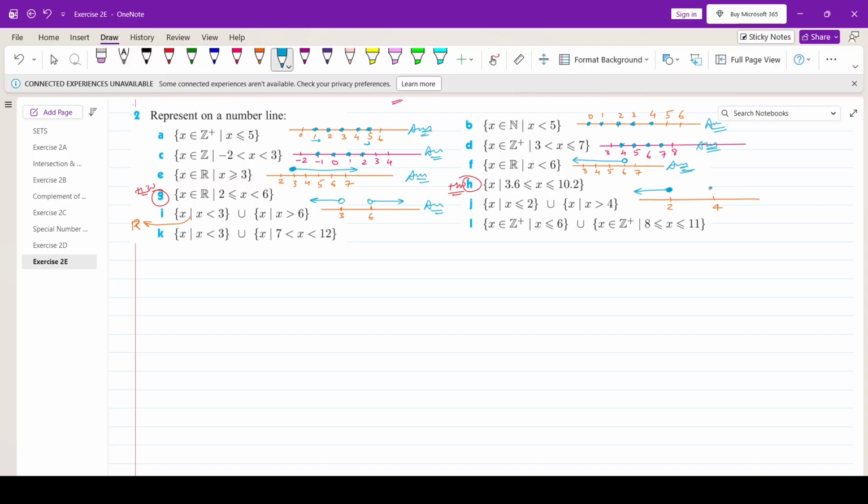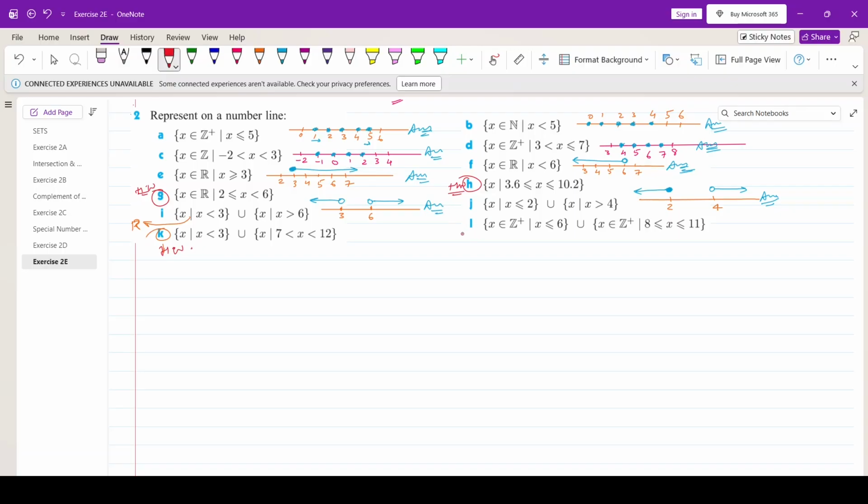Now here at 4 we'll make an empty dot and an arrow towards right. This is our answer. Now you can do this part. This is your homework.